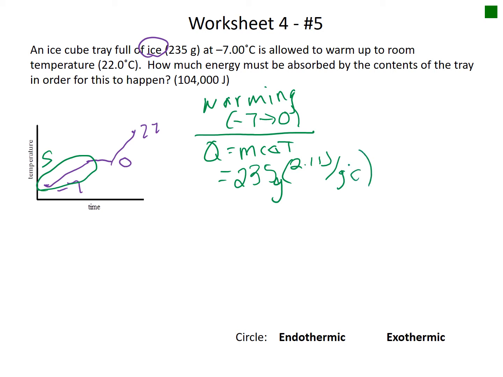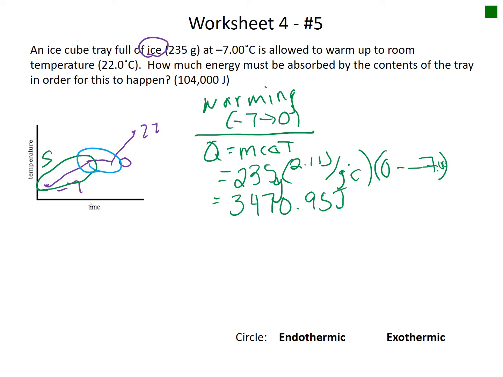My temperature change is always final minus initial, so it's 0 minus -7, and your sig figs would be 3. You multiply it out and you get 3,470.95 joules.